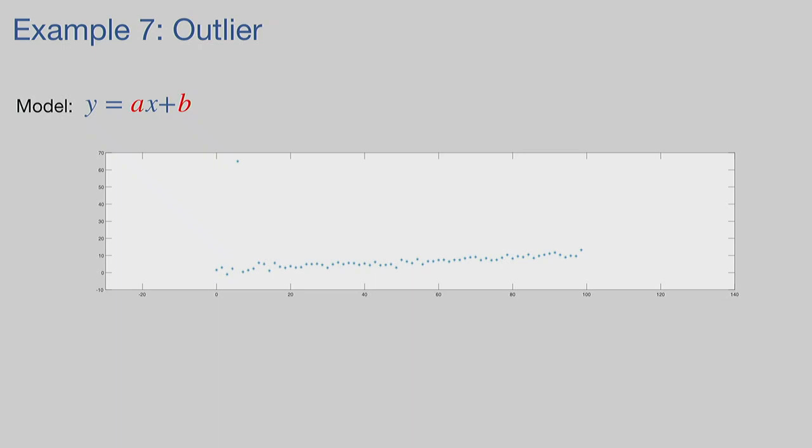Outliers are everywhere, right? It could be some weird error that happens. Like you measure something and then some cosmic ray hits your processor and flips a bit. Could be a glitch.